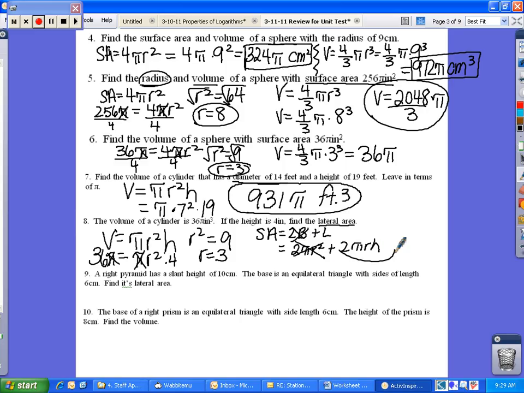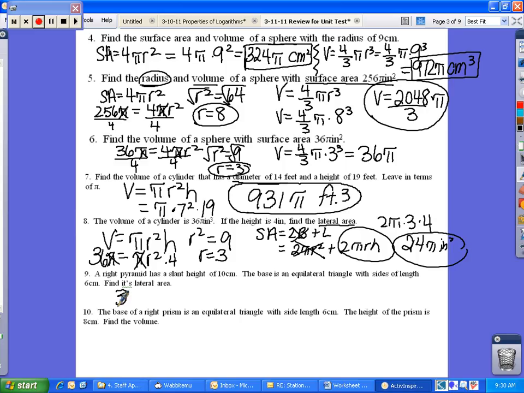No, so I can just cross out the base, and I'm only looking for the 2 pi rh in this case. So that's what I'm going to substitute. 2 pi times 3 times 4, which is the radius and the height, which is 24 pi. And that is in inches squared. So kind of squeeze that in, 24 pi inches squared.